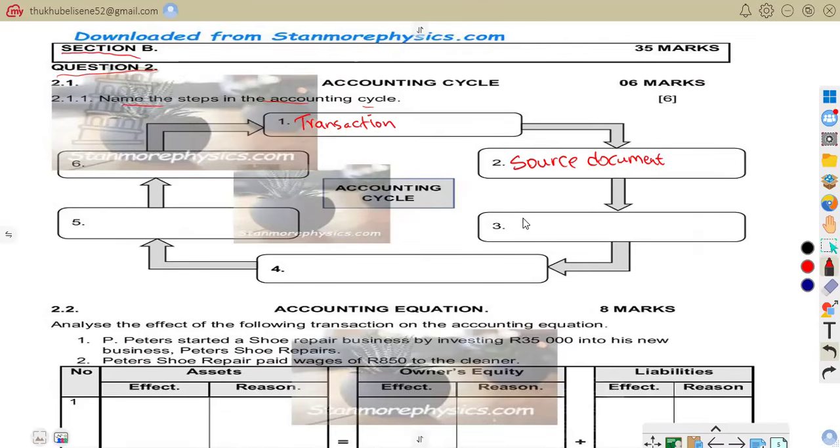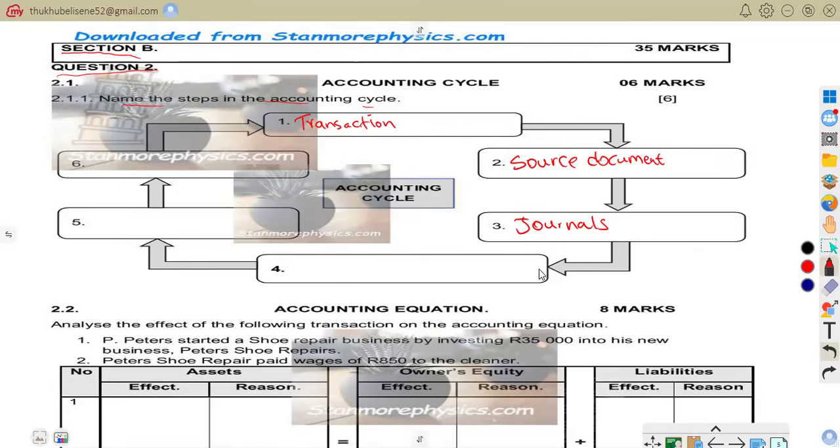The third one is journals. Transactions are first recorded in journals, so journals are books of first entry. Transactions are grouped according to type before being transferred to the ledger.